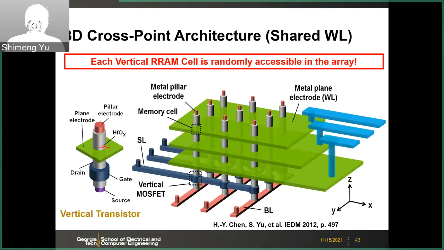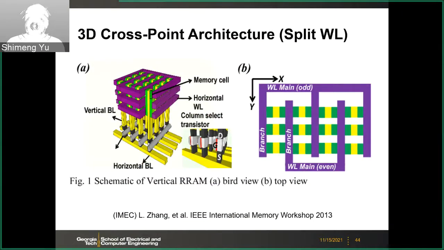You only use one lithography to define the pillar. Similarly as the 3D NAND flash, you have the 3D pillar, the NAND string. And also IMEC proposed to have a slit, basically cutting those wire planes into slits. This is also very similar to today's 3D NAND flash.